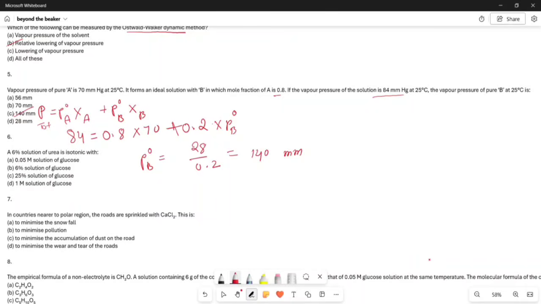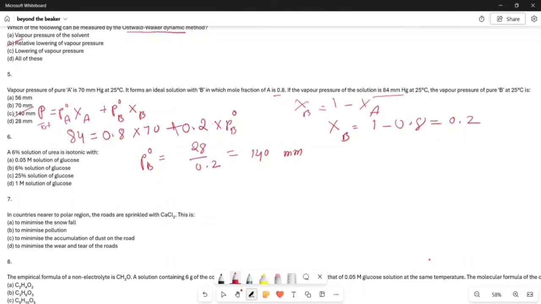You have to calculate XB: XB is equal to 1 minus XA, which is 1 minus 0.8, so XB is 0.2.